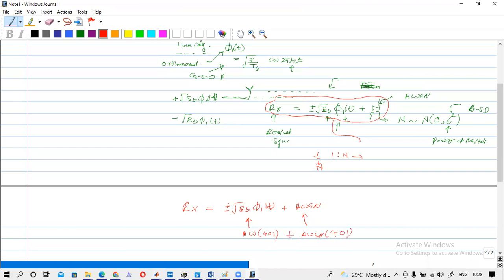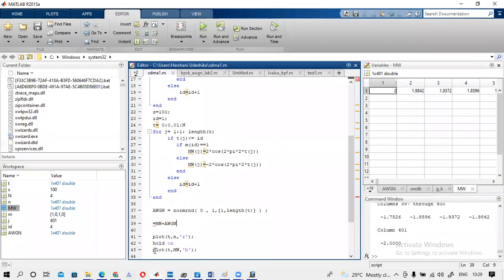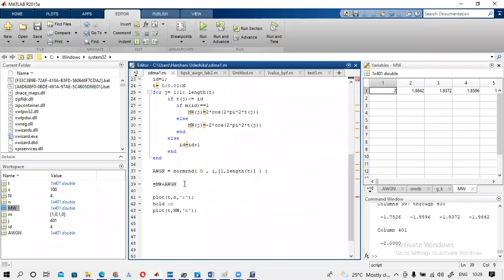Then we add them together, so we get a signal with our transmitted signal information and noise values. That will be our received signal, let's say Rx. So now I think we have added the values.